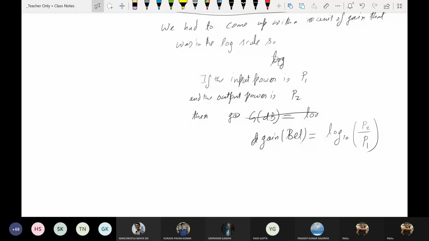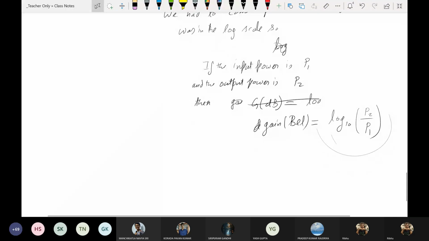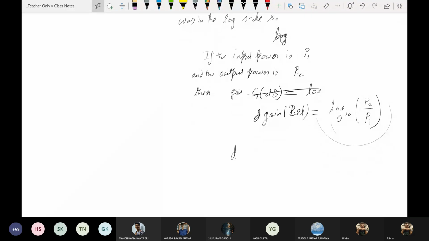So people figured out that if we multiply it by 10, that will be quite convenient to handle. Thus came the unit decibel, where 1 bel equals 10 dB, and gain in decibels is simply 10 log to the base 10 P2 by P1.